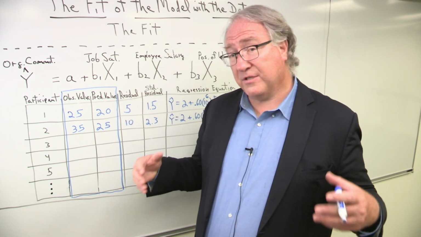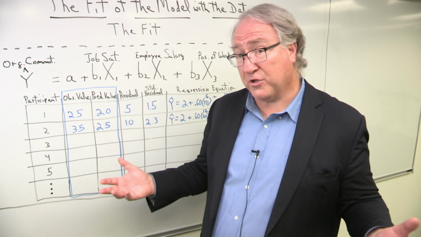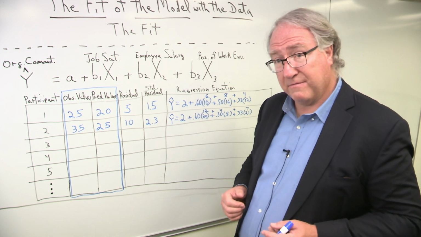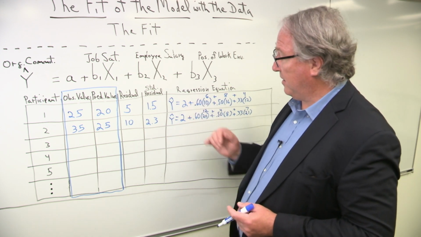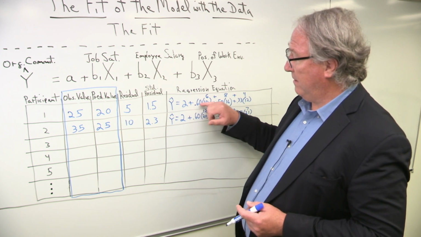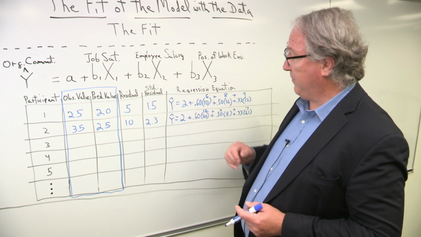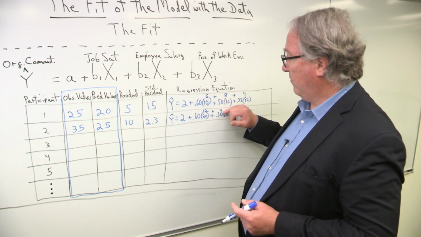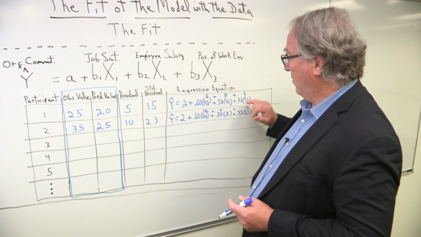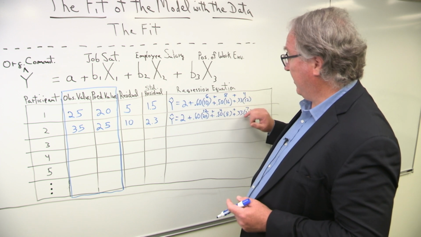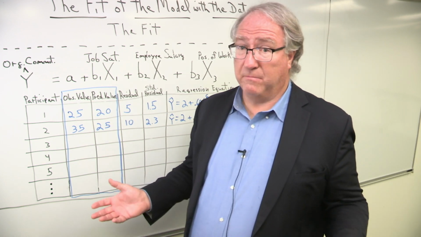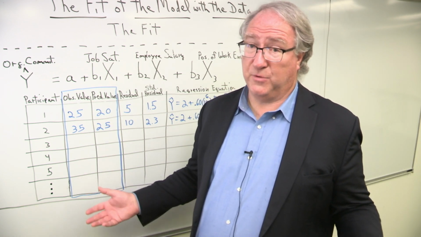Notice what that variance is based on when you look at the regression equation. It's not based on the constant, right here. It's not based on the constant. It's not based on the unstandardized regression coefficient value for predictive variable 1, or the unstandardized regression coefficient value for predictive variable 2, or the unstandardized regression coefficient value for predictive variable 3 in the model, because they're the same between participant 1 and participant 2.